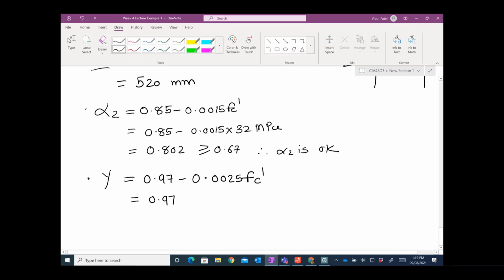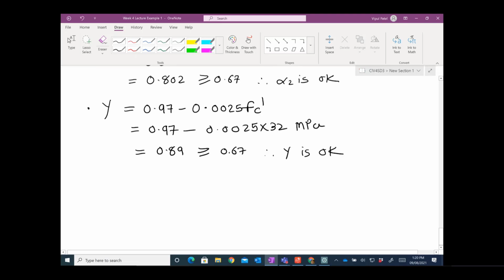We just multiply by 32, empirical equation, unit does not count, so you get 0.89 using the calculator, which is greater than 0.67. Therefore the gamma check is okay. We can take gamma value equal to 0.89.